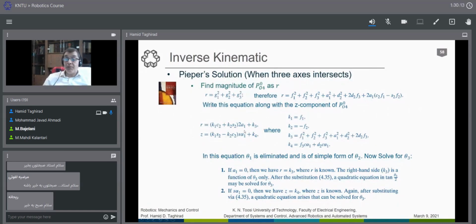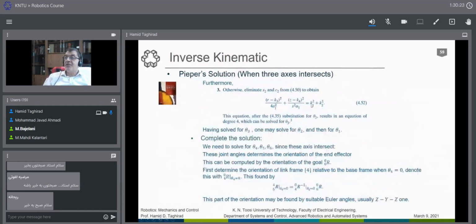Of course, the problem has a long version of cosine, as we see in F terms in here, but you can usually use this way. By this means, this can be found quite easily. When we have theta 3, then we should go for theta 2 and theta 1, and that would complete the solution.